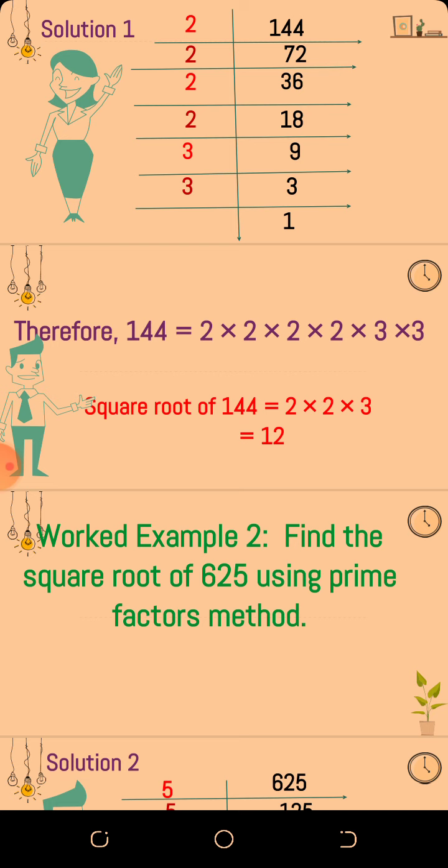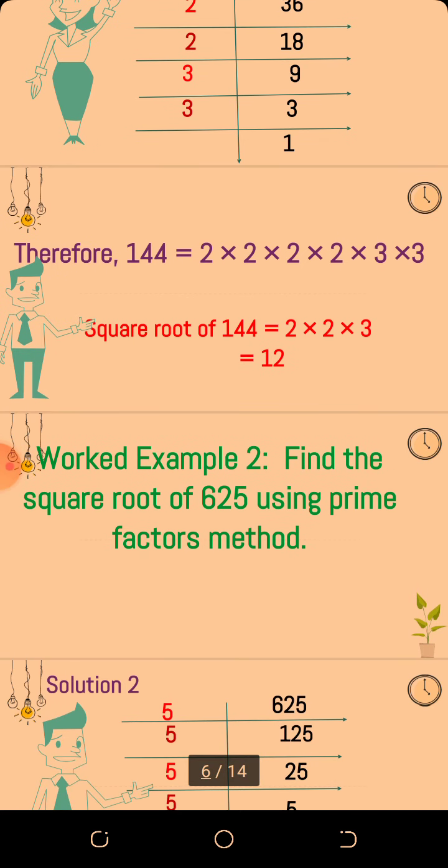Since 2 cannot go in 9 without any remainder, we move to the next prime number, which is 3. 3 will go in 9 3 times. 3 will go in 3 once. Therefore, 144 will be equal to 2 times 2 times 2 times 2 times 3 times 3.